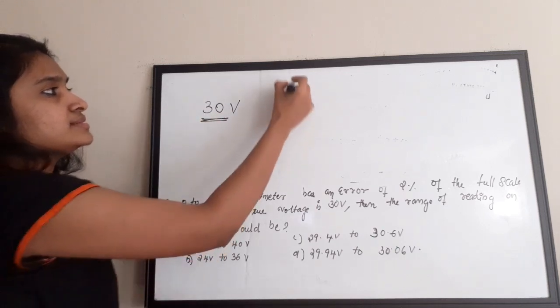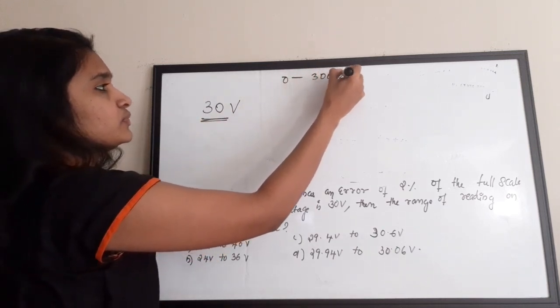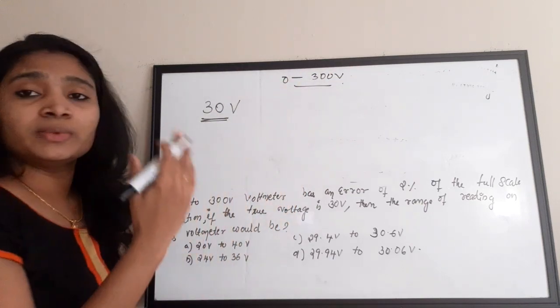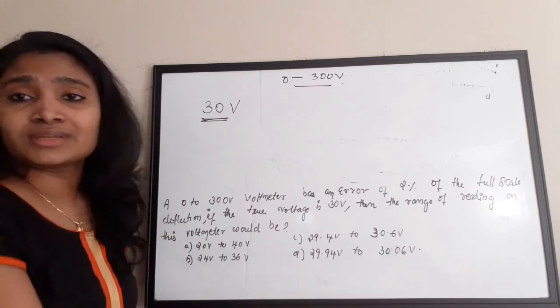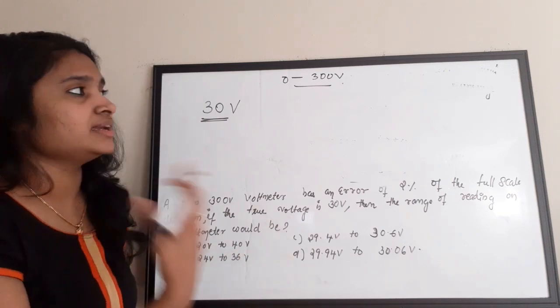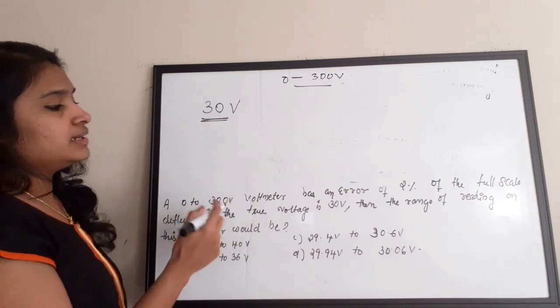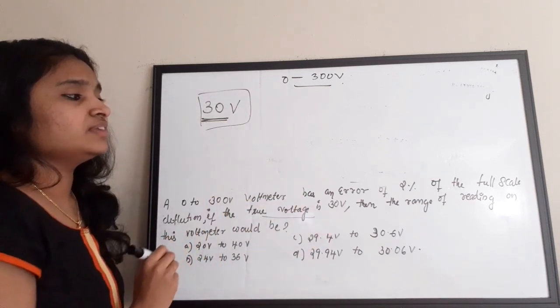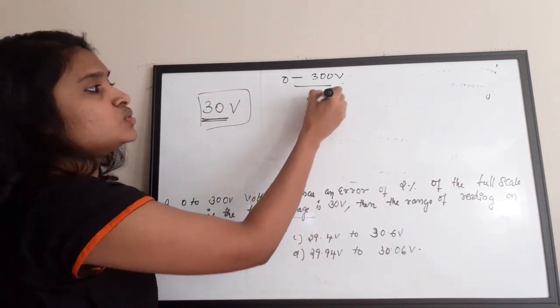And this 0 to 300 volt voltmeter is actually the range of the voltmeter. The voltmeter value starts from 0 up to 300, which is the maximum full scale value. Here the true voltage is 30 volt, and also it has been given that the error percentage is 2%.